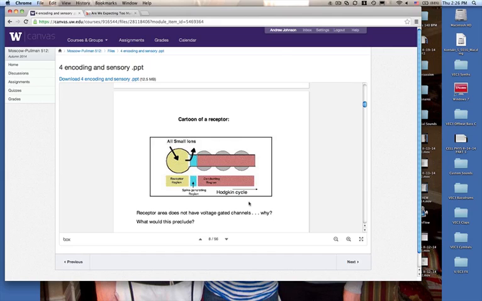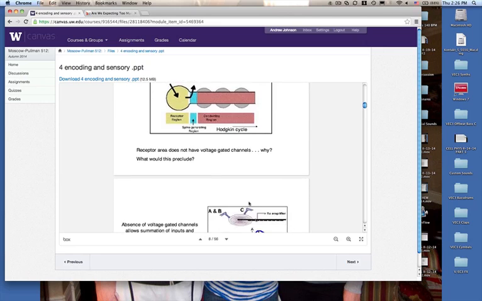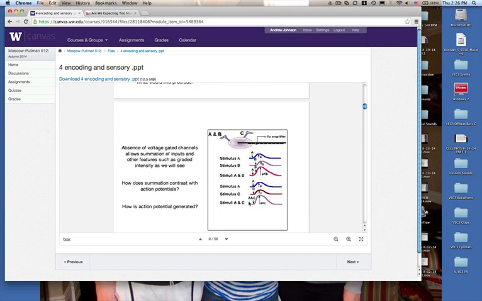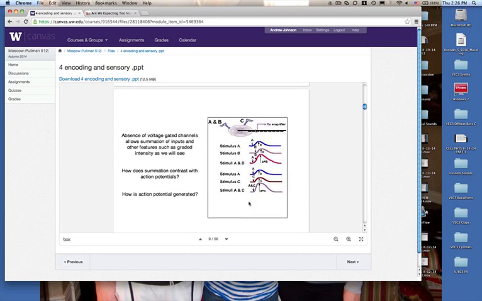So this would also prevent the stimuli from summation. So for example, if you have two stimuli, they can add up. Their change in receptor potential can add up, and that can cause the cell to pass threshold. So by not having voltage-gated channels there, you have a lot of additional features from the stimulus that can be encoded.